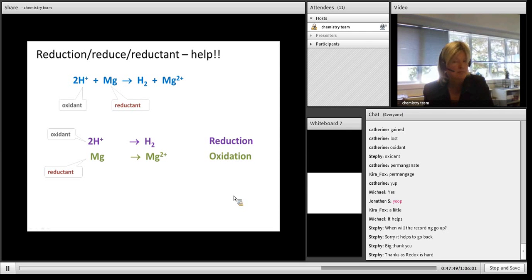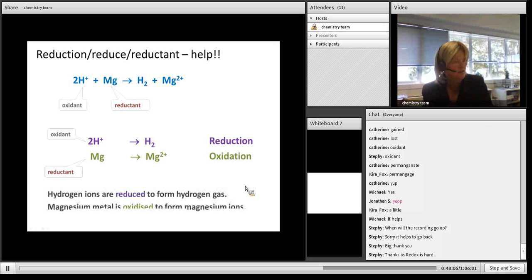Now, remember we said redox is a transfer of electrons, so we need to show those electrons being transferred. You can see also our equations aren't balanced. We've got the right number of atoms, but our charges aren't balanced. We've got 2 positives here and a neutral there.